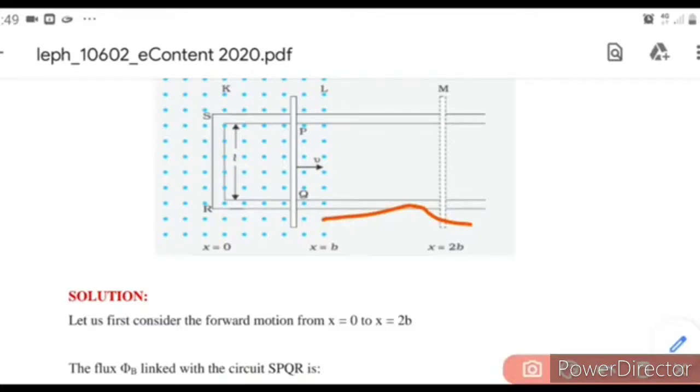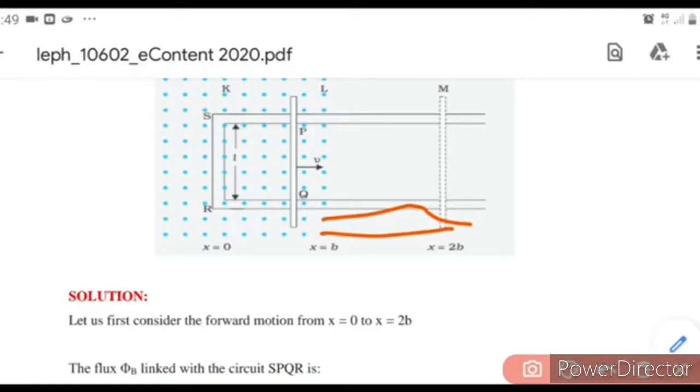There is no change in magnetic field, and hence there is no change in magnetic flux when the conductor is moved from b to 2b. The constant magnetic field is linked with the framework, and hence the expression for magnetic flux becomes BLb.